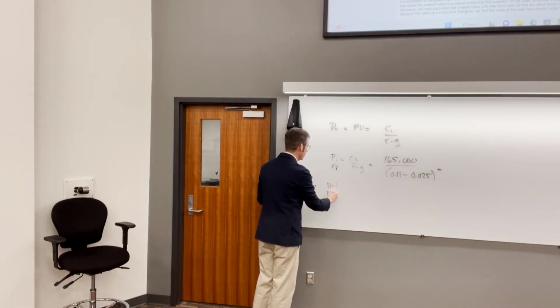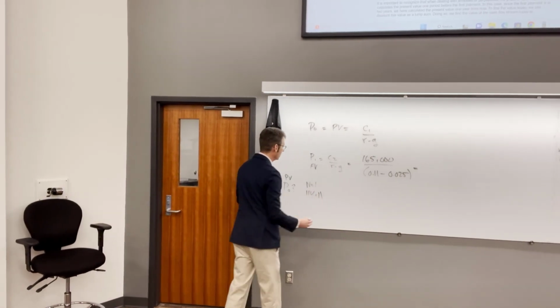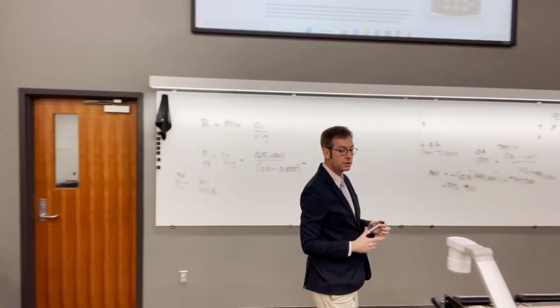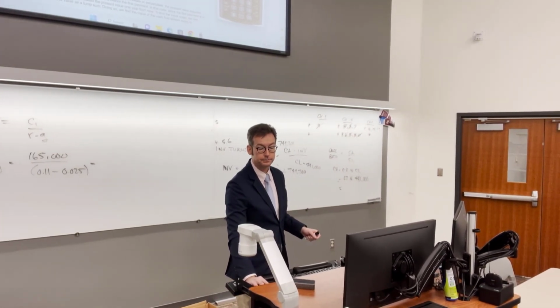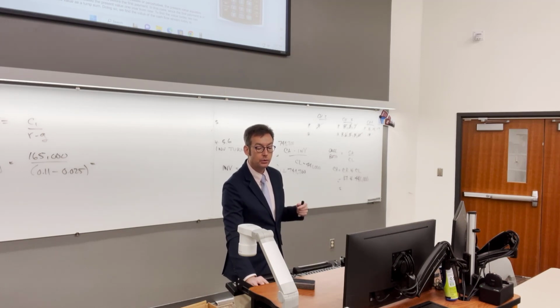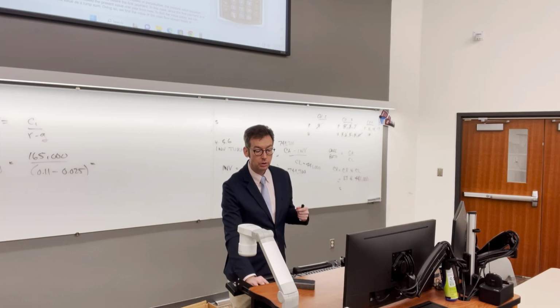And what do you think we're going to put in for I per y? Yeah, 11, because that's the required return. So with this number, first of all, I'm going to say second clear TVM. And then I'm going to put in 1 for n. And I'm going to put in 11 for I per y. And I'm going to compute the present value.